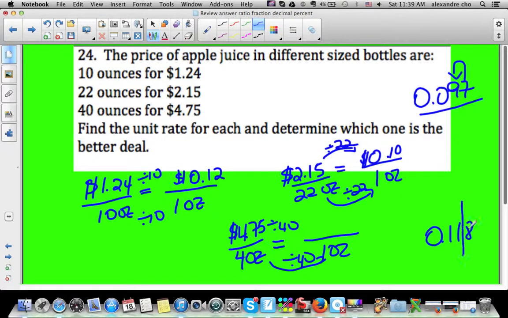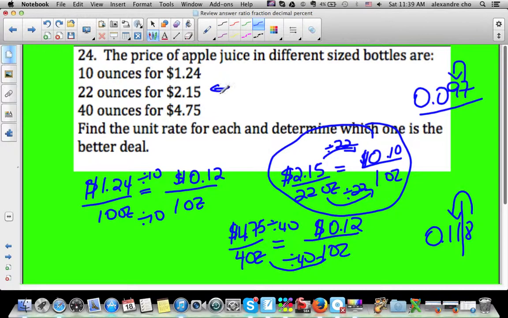And again, the 8 makes that 1 go 1 higher, so rounded it becomes 0.12. So the cheapest one is this one, the 22 ounce, right here, because every ounce of OJ, or apple juice, I'm sorry, is 10 cents.